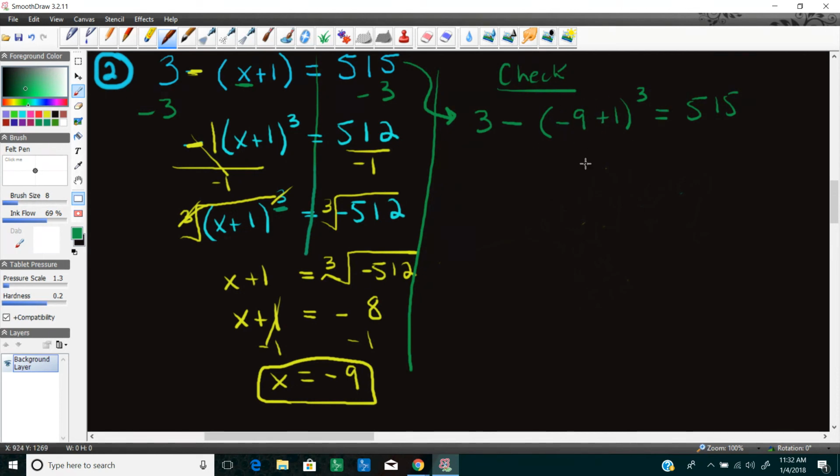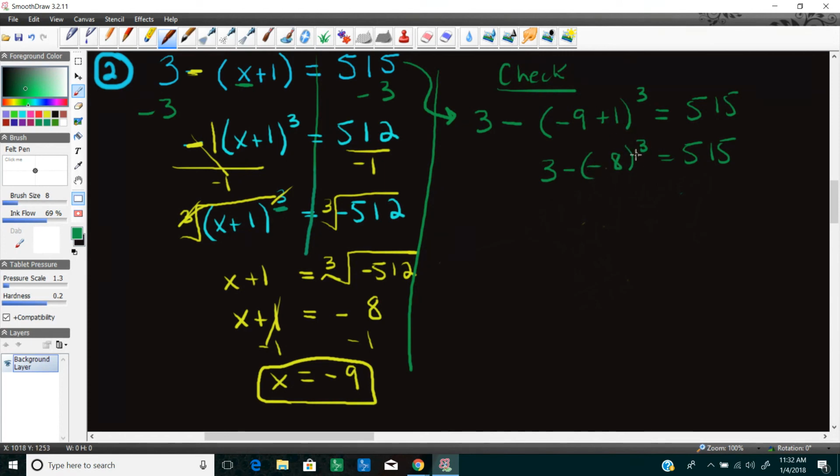So this would be negative 9 plus 1 is negative 8 cubed. Bring all this down. And it's just order of operations right here. So I would do this part first, the parentheses and the exponent first.